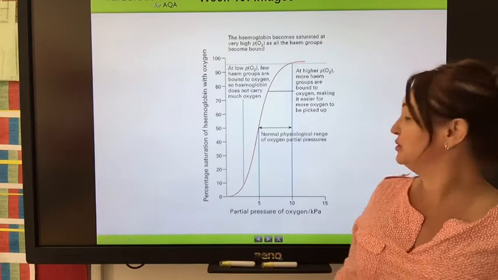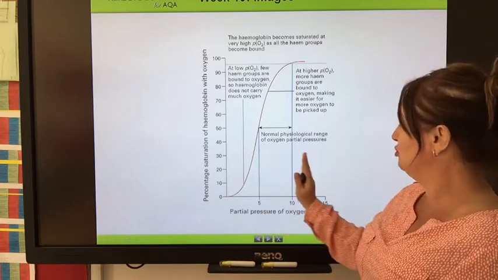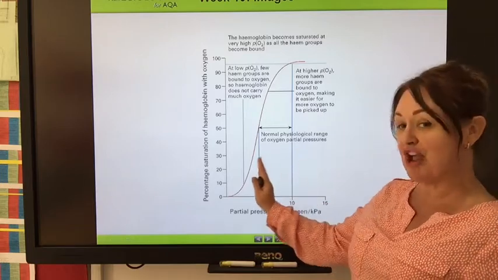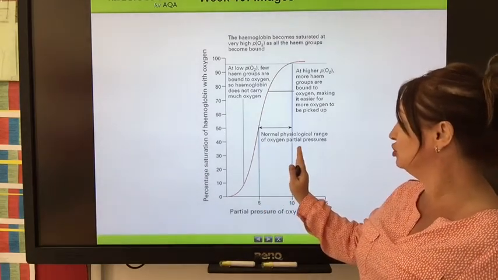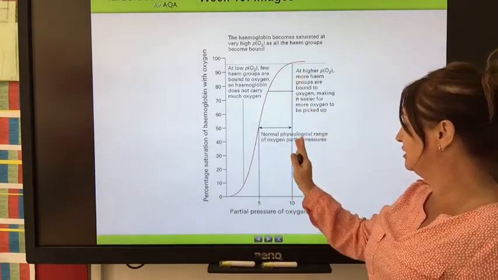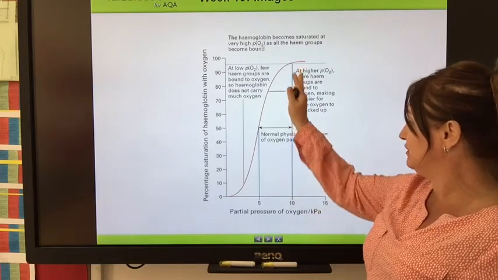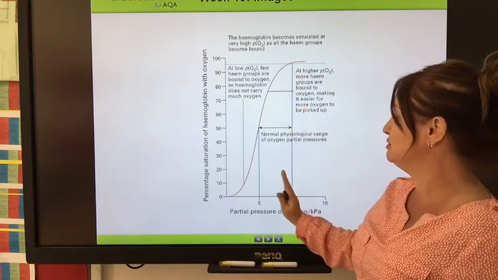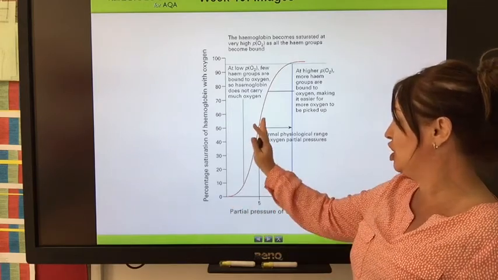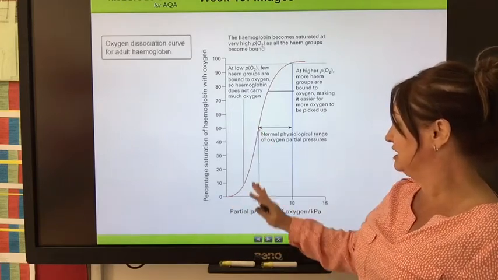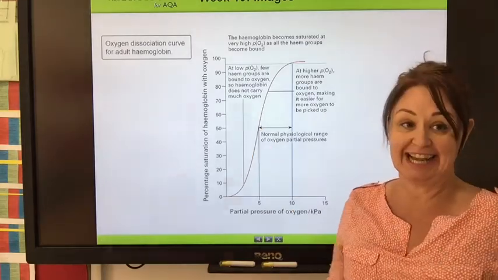So going back to this graph, we've got our normal physiological range where oxygen is in a high partial pressure at the lungs. This would be the carrying capacity of the haemoglobin. When it gets to respiring cells, where it has a lower partial pressure, the haemoglobin drops off the oxygen, and so its saturation is less.